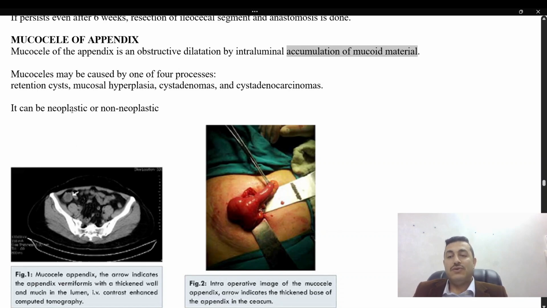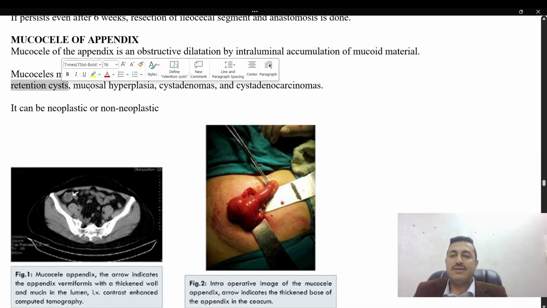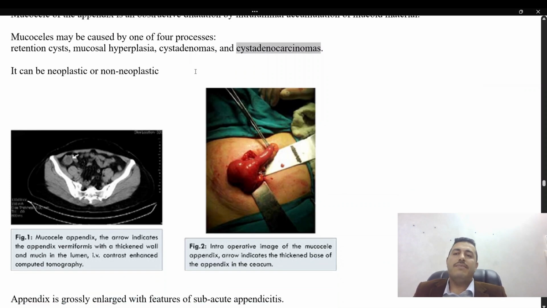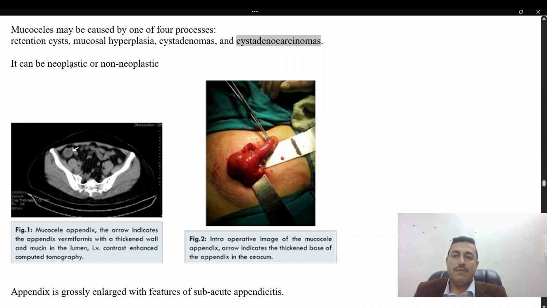There are 4 processes that develop appendiceal mucocele. This is the retention cyst. It could be due to retention cyst, mucosal hyperplasia, cystadenoma, or cystadenocarcinoma. The problem in mucocele of the appendix is that it could be neoplastic or non-neoplastic, benign or malignant, and this is challenging for the surgeon.